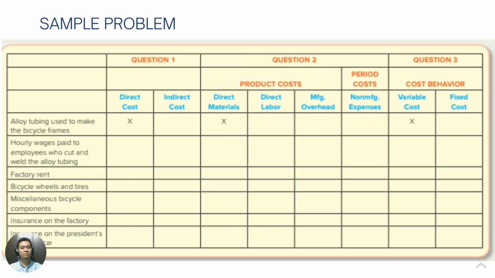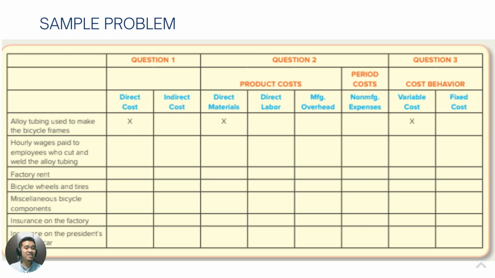Next, number 2. Second item. The hourly wages paid to employees who cut and weld the alloy tubing. So, what is that? Is it a direct cost or indirect cost? Of course, that is a direct cost. In question 2, is it direct material, direct labor, or is it a manufacturing overhead?